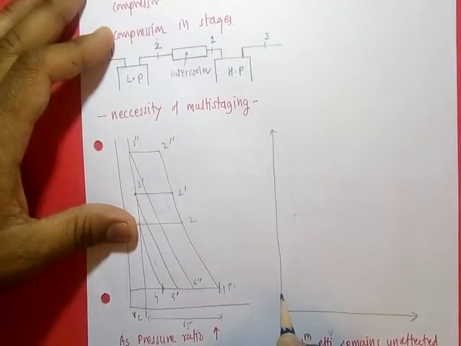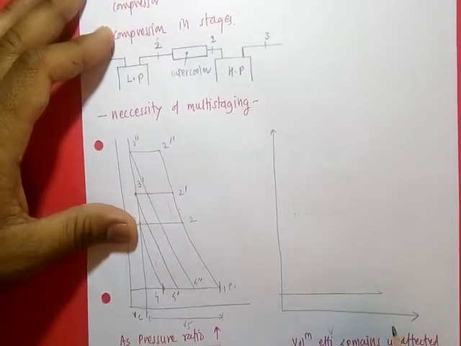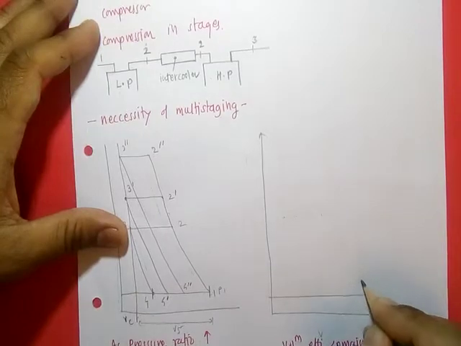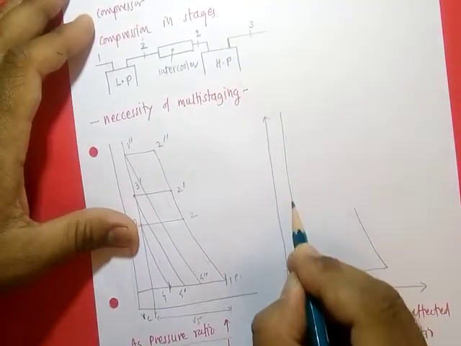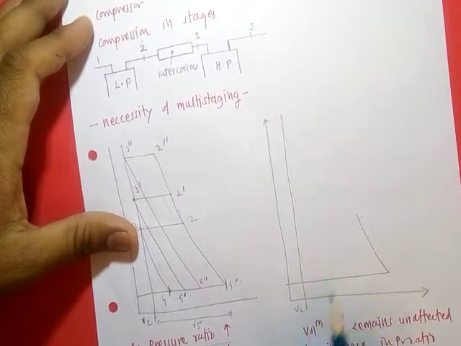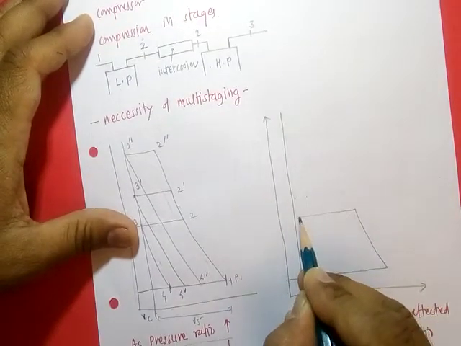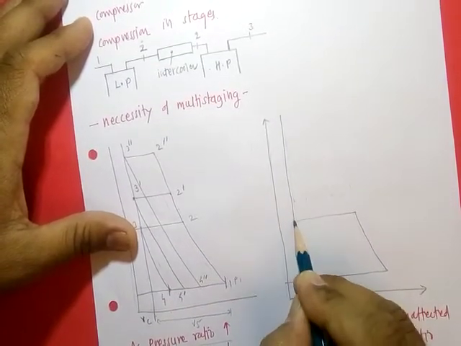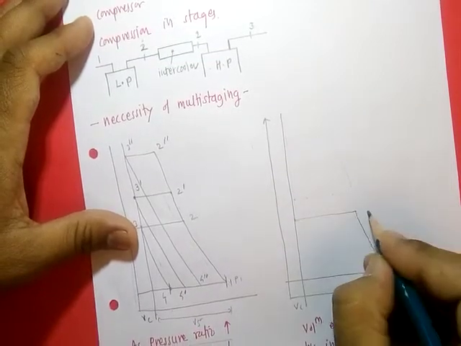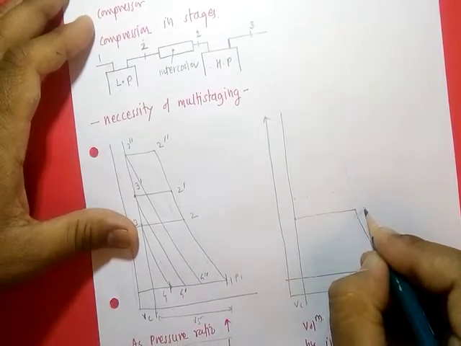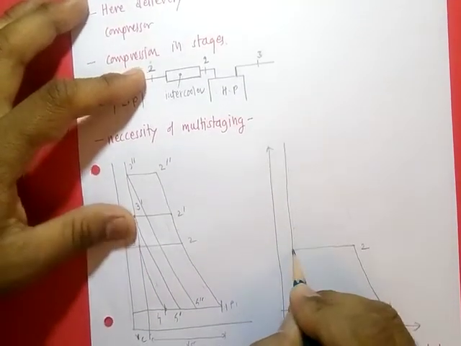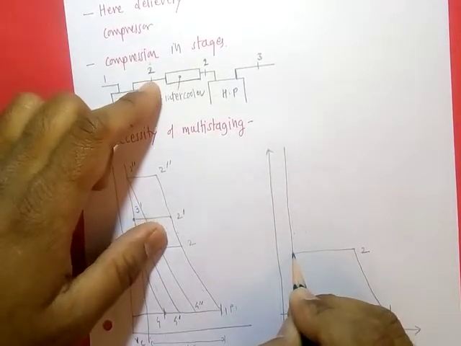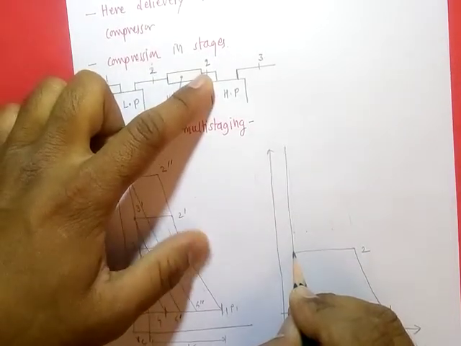Now we take air from the atmosphere and compress it. Suppose this is the clearance volume Vc, then air is delivered at intermediate pressure, so P1, and this is the intermediate pressure P2 here, and after this air is delivered to the second stage compressor.